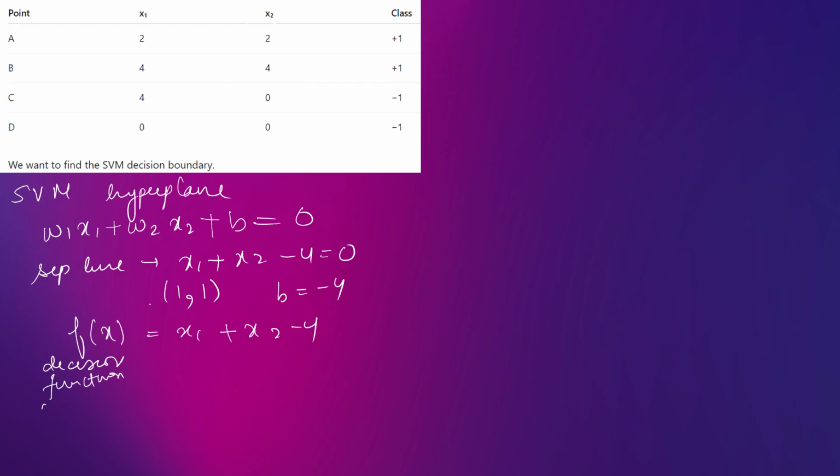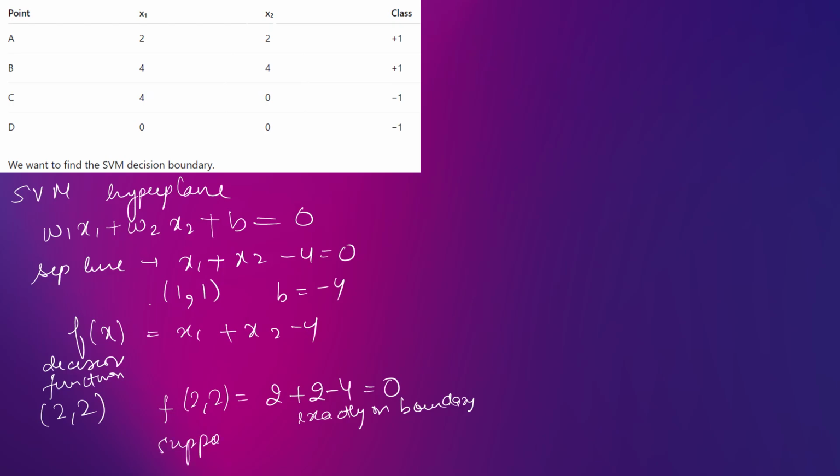Now take the points one by one. So let's say 2, 2. So f of 2, 2 will be equal to 2 plus 2 minus 4 equal to 0. Now this point is lying exactly on the boundary. Thus, it will be one of the closest points. Therefore, it is a support vector.